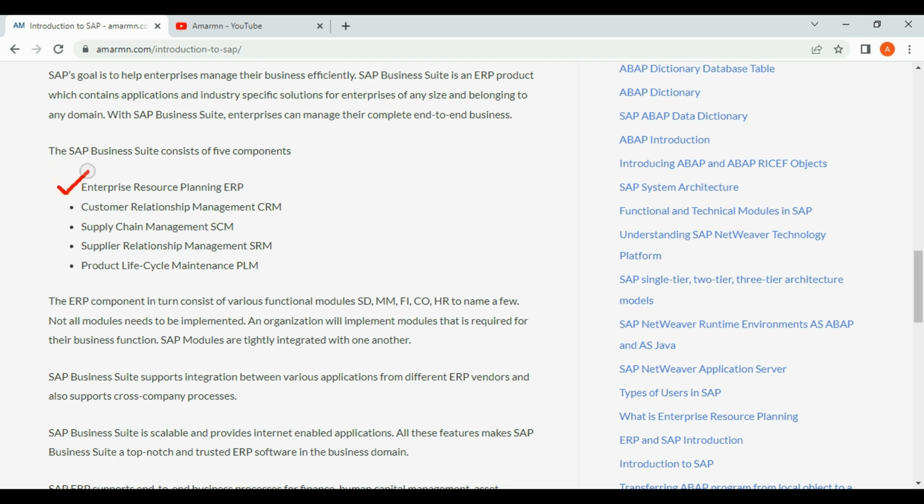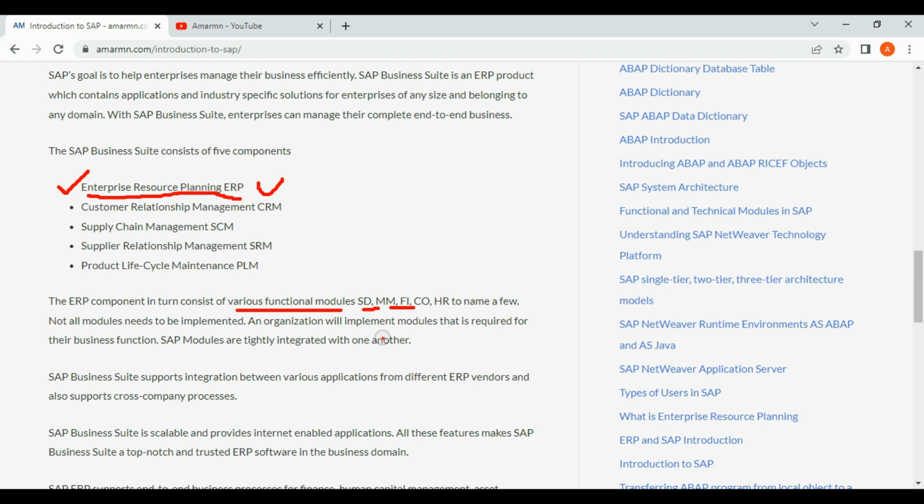Among all of these, your ERP, enterprise resource planning, is the most core component, because it is this component which consists of business applications belonging to various functional modules such as sales and distribution, materials management, or finance, basically all the core departments of an organization. So applications related to those core departments are part of your SAP ERP.